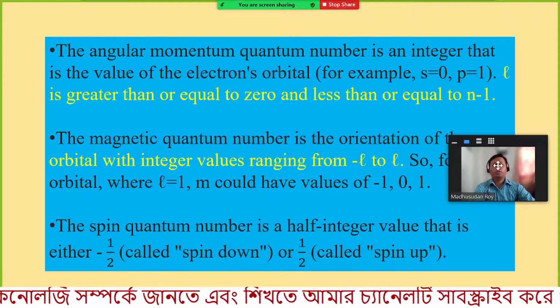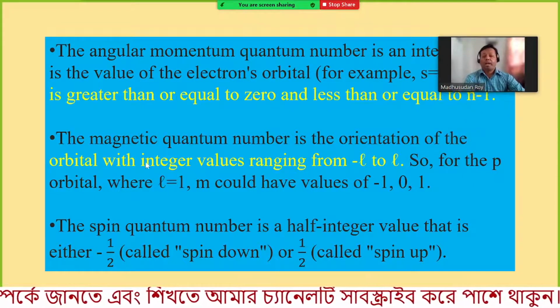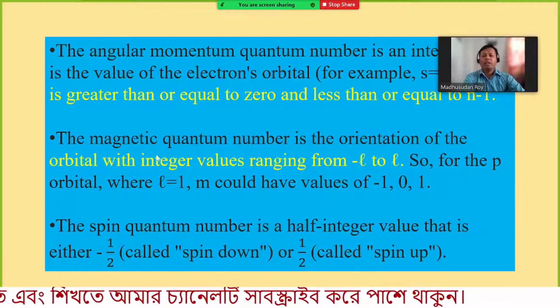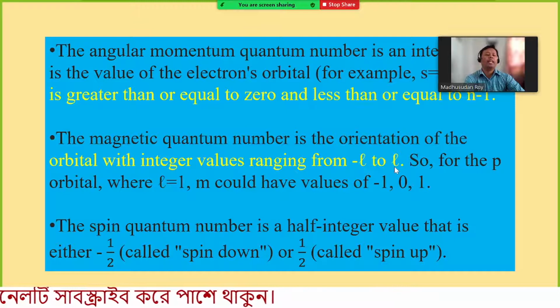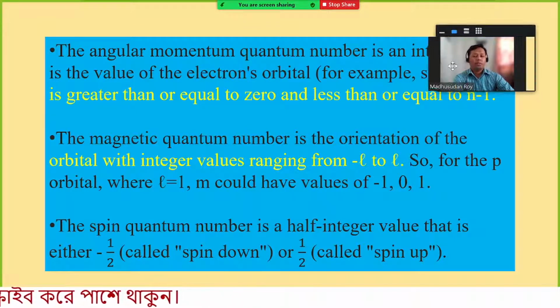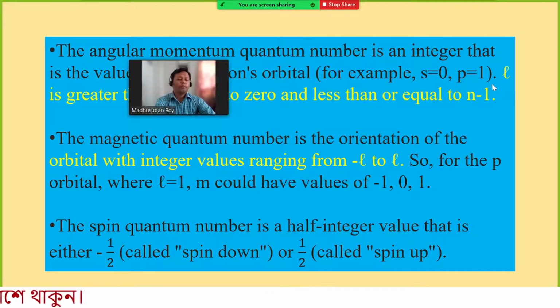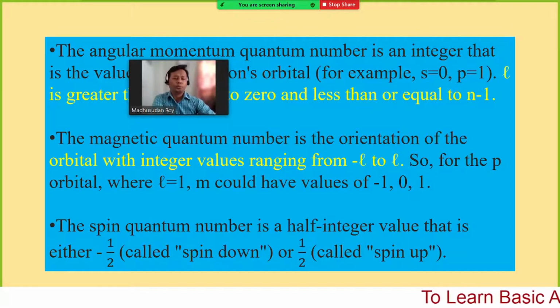Now the magnetic quantum number. The magnetic quantum number is the orientation of the orbital, with integer values ranging from minus L to plus L. So if you have the value of L for any electron, let us consider n equal 3, where L can be maximum 2.